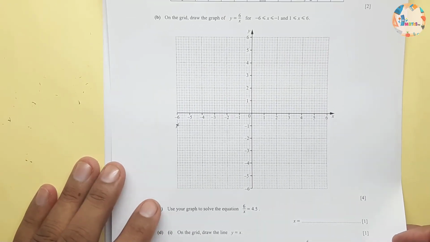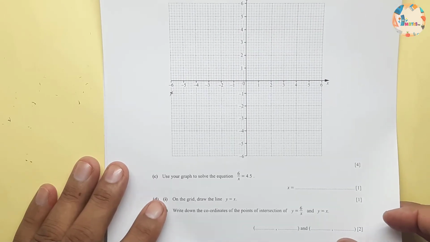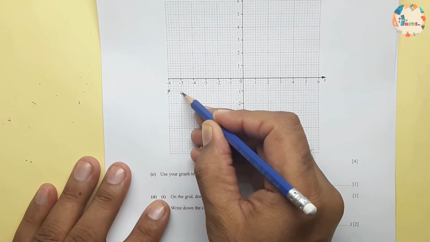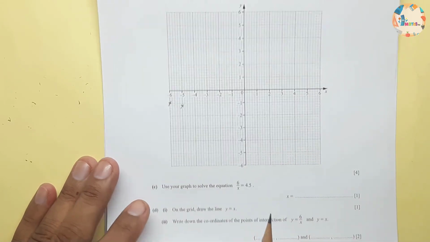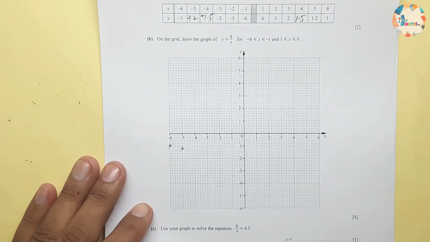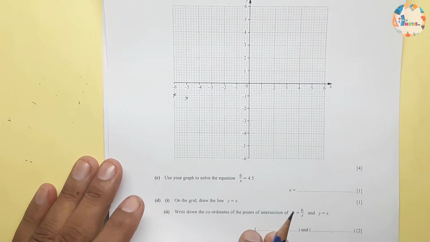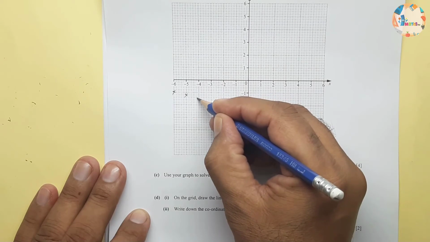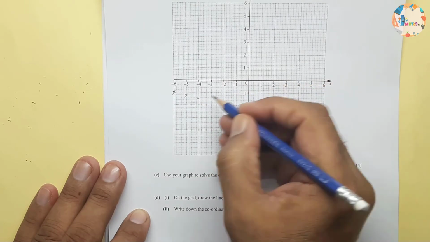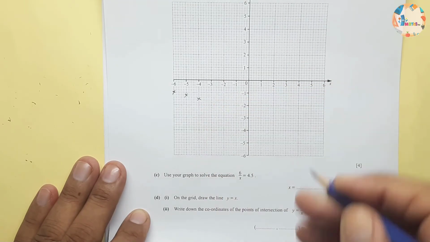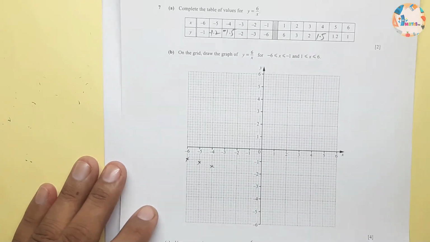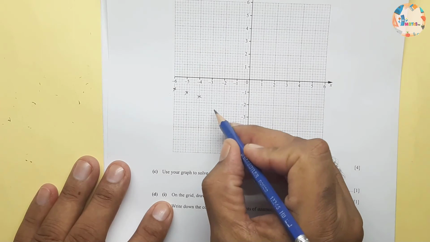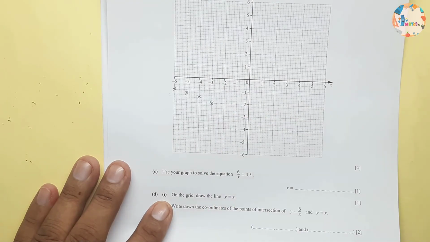So minus 5 and minus 1.2 will be this point. Then the next point is minus 4 and minus 1.5, which will be this cross. Then minus 3 and minus 2 will be this one.